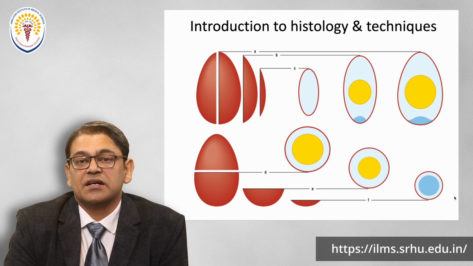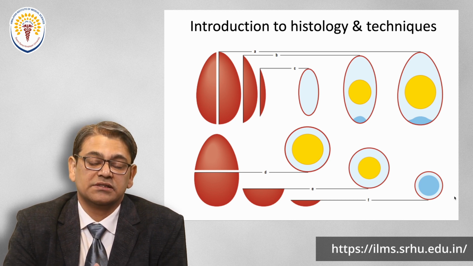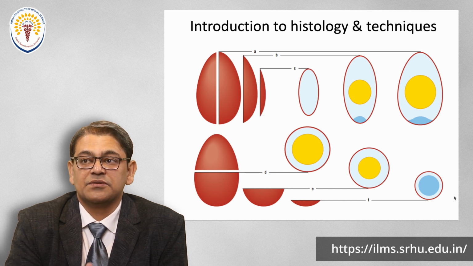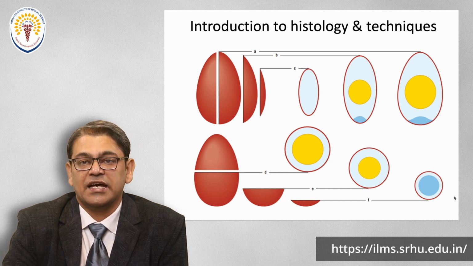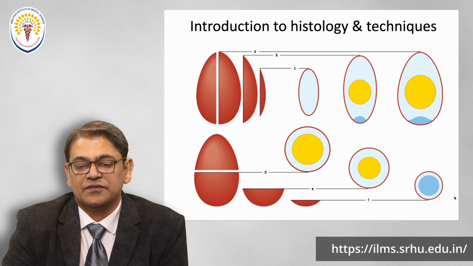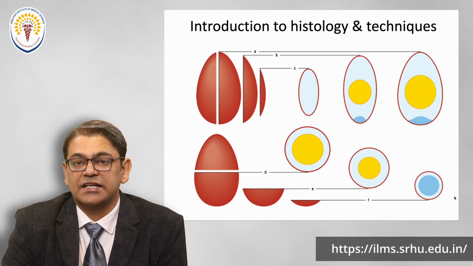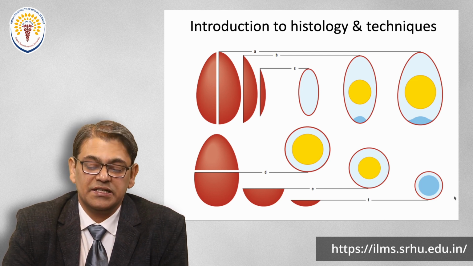So whenever we make a wax block, we have to be very careful about what orientation we are going to take a section of the tissue, and that gives you the idea of the histology. If you keep this in mind consciously, then definitely you are making a good slide and your interpretation would be very, very clear.